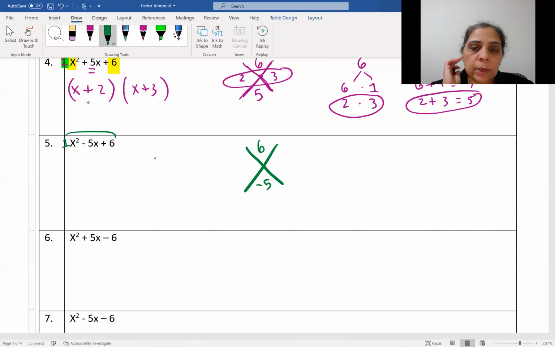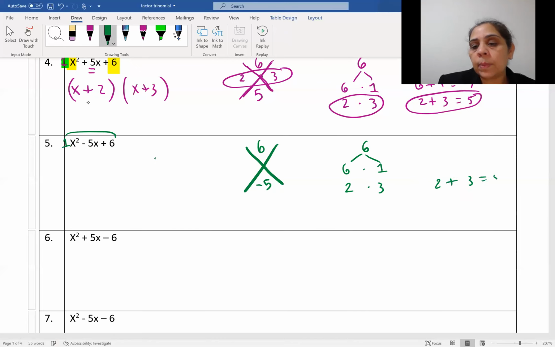So we can see two factors of 6. 6 times 1 is 6, 6 plus 1 is 7. That will not work. 2 times 3 is 6, 2 plus 3 is 5, but we need negative 5.